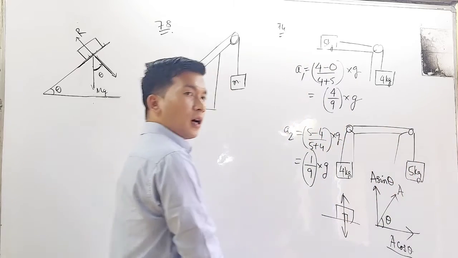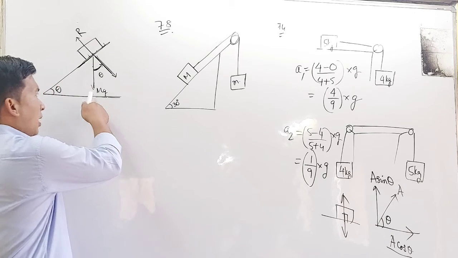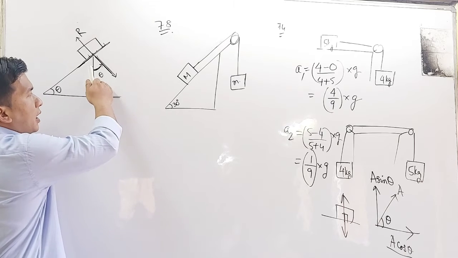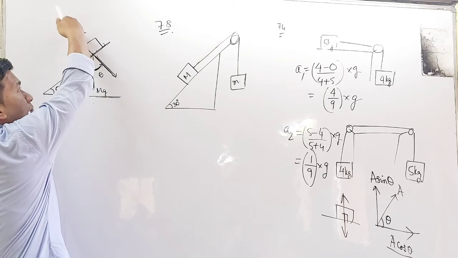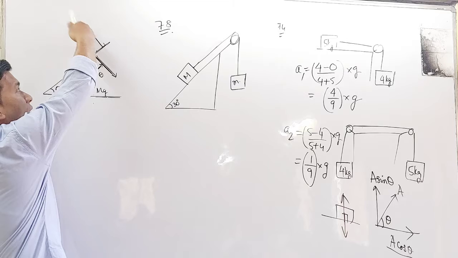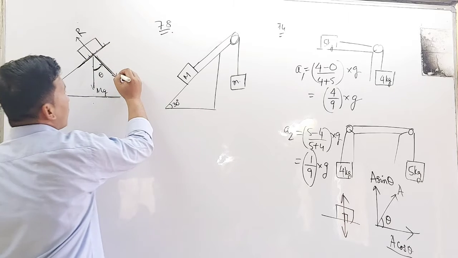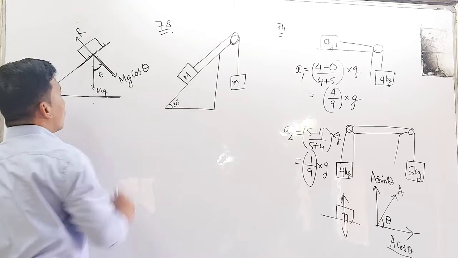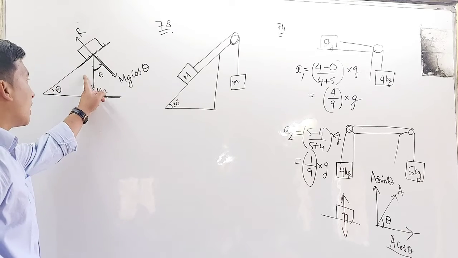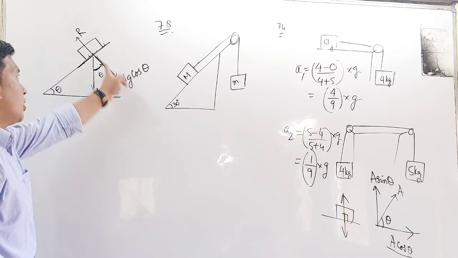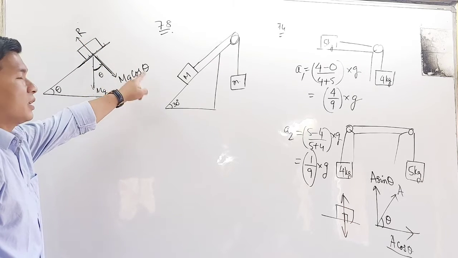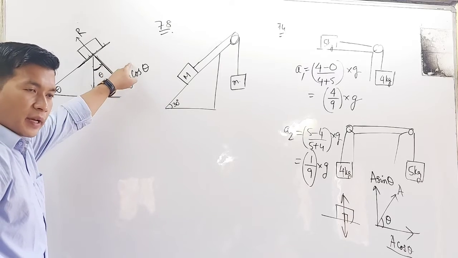Now, the same thing applies here: we have mg. This weight mg makes an angle theta with the vertical direction of your normal direction. Along the normal direction, what will be the component? It will be mg cos theta. Is that understood or not? The angle theta is the same, so along the normal direction the component is mg cos theta.